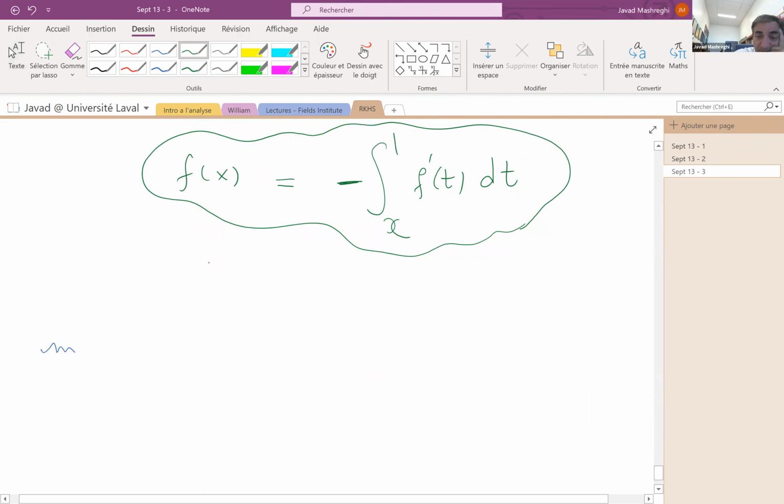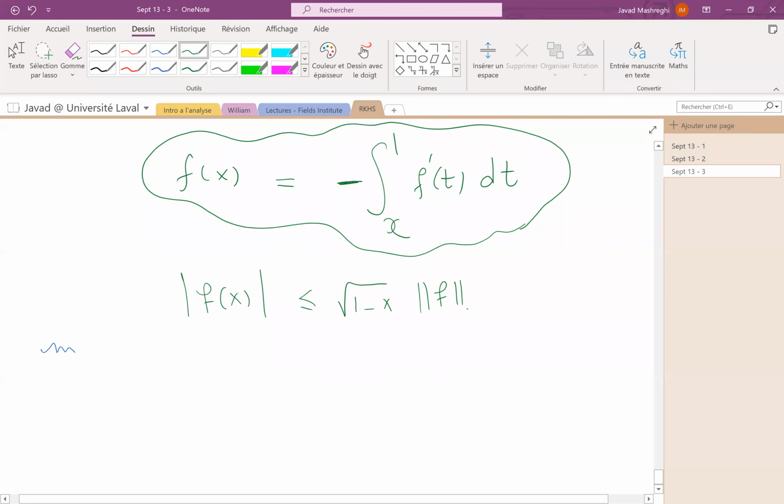If I do the same calculation, square root of 1 minus x, exactly. Same calculation gives me this. And therefore also the norm of Ex will be less than root of 1 minus x.